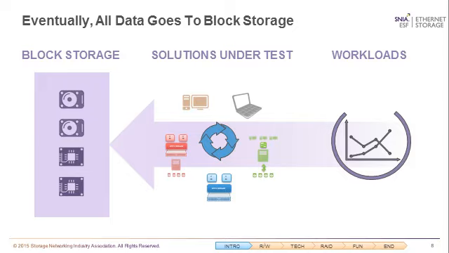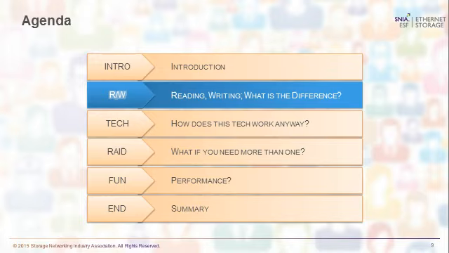Very good. So with that, the agenda for today is that in the beginning, we're going into explaining reading and writing, why there is a difference between the two and what the fundamental difference between those two is. And then we're going to go into the technology and have a little bit of fun explaining how the technology works, and specifically how flash drives work and how spinning drives work.